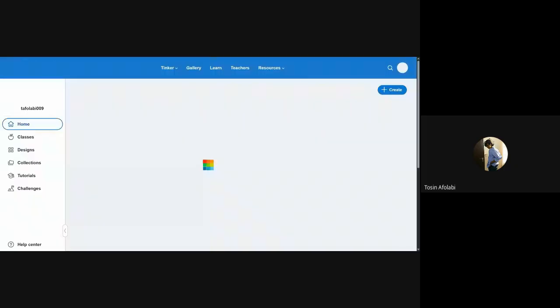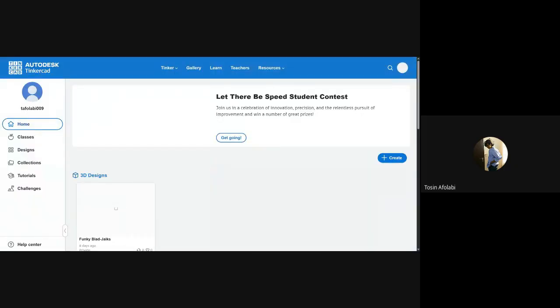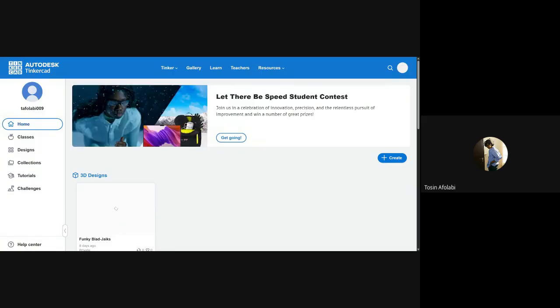Just trying to get this thing to work. Okay, creating a new circuit.